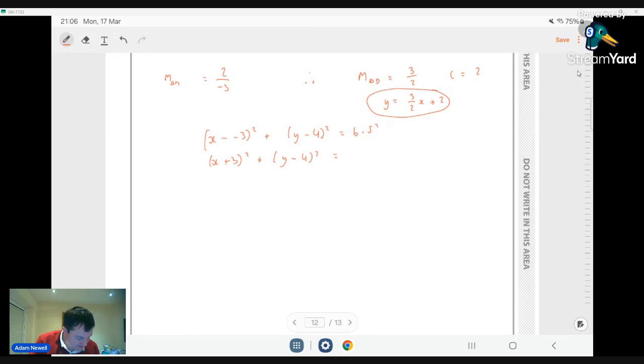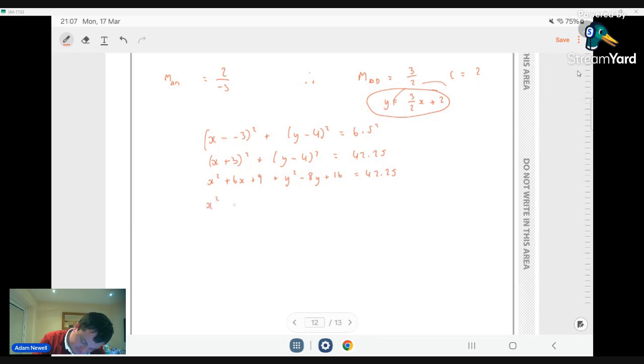I'm not going to work this out. 6.5 squared is 42.25. So if I start expanding, we get x squared plus 6x plus 9 plus y squared take away 8y plus 16 is equal to 42.25. I'm going to bring everything onto the left-hand side here. I'm also going to substitute y as this.